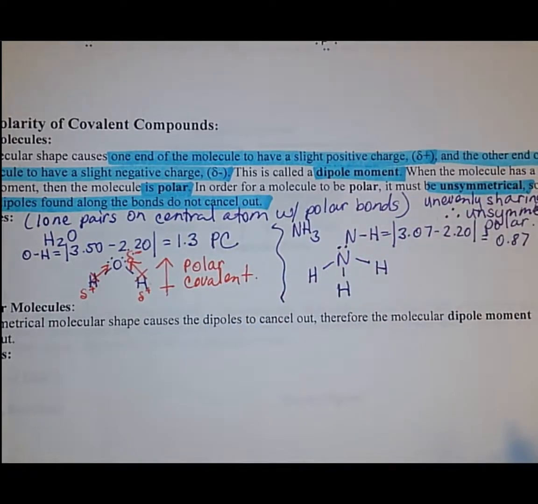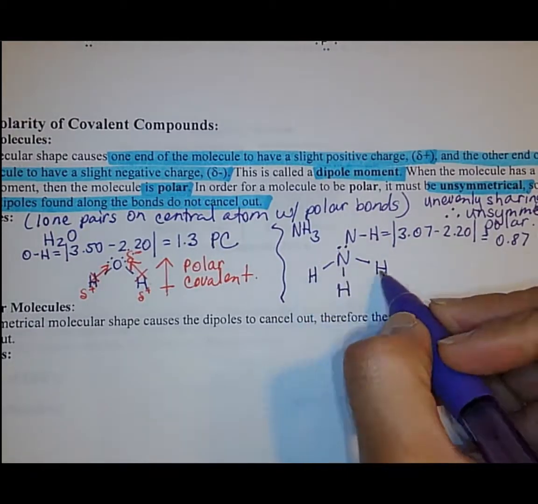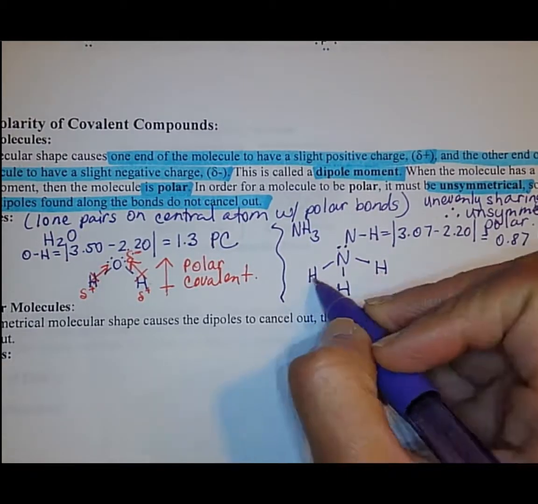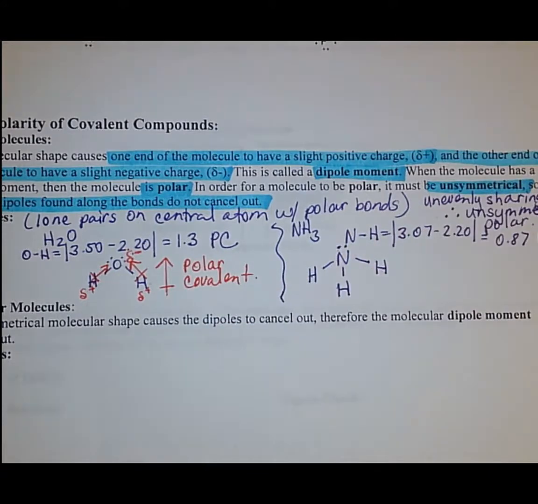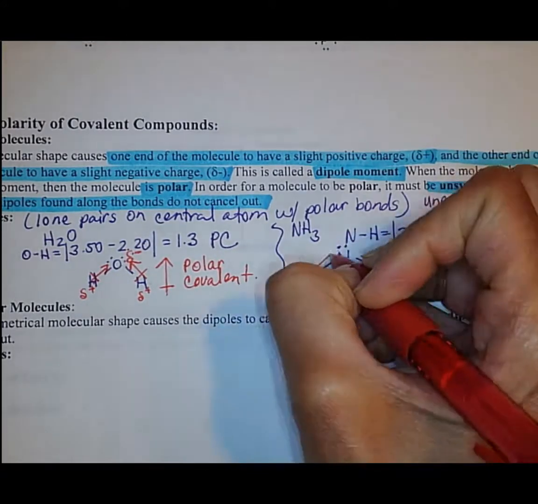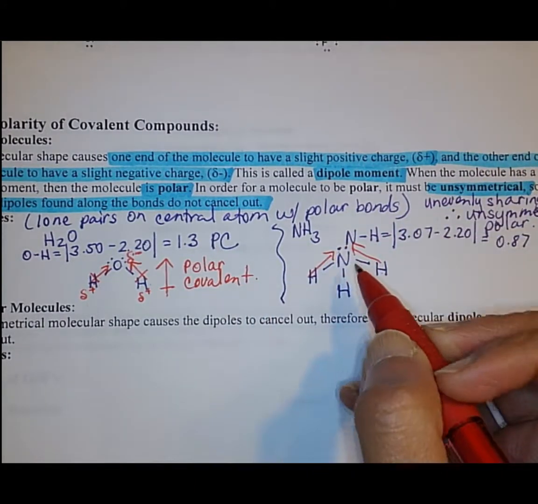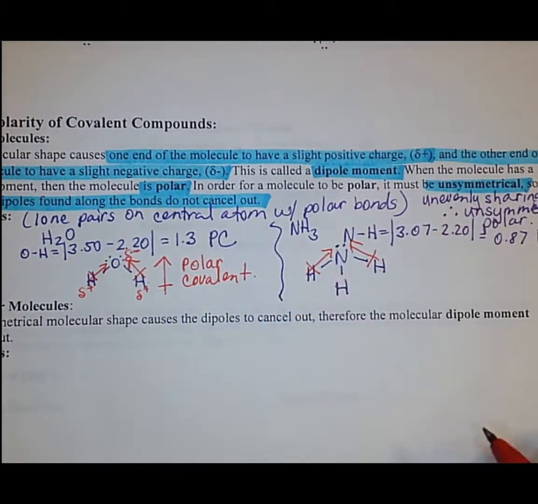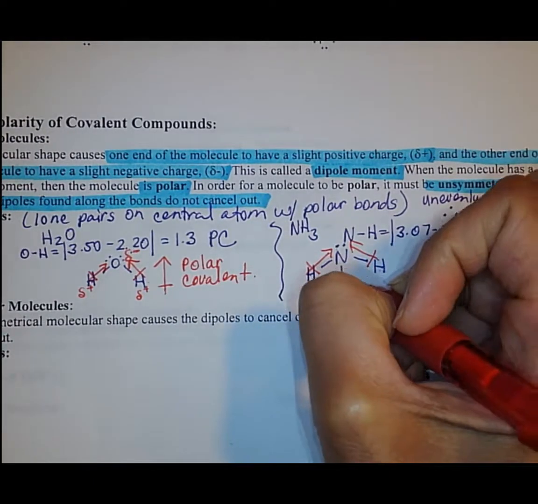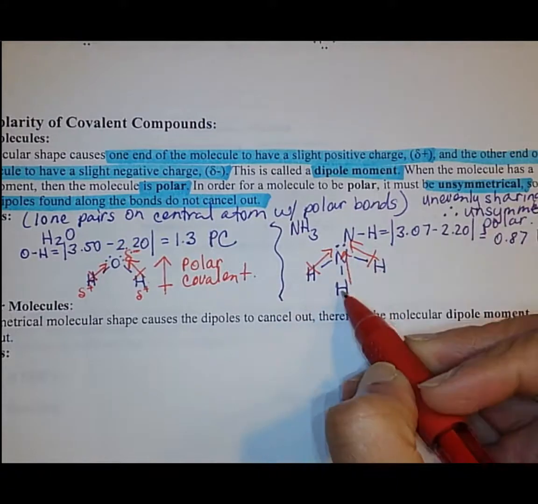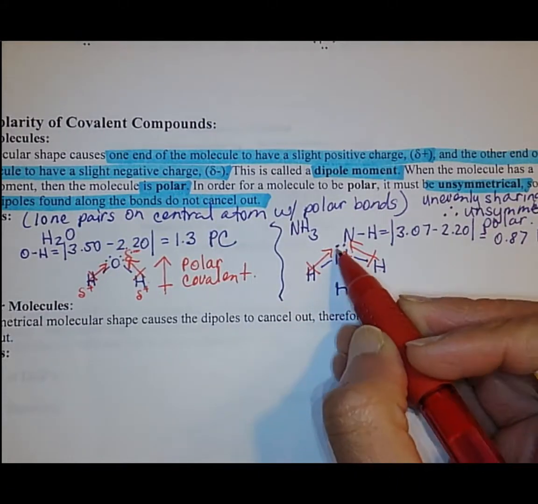So if ever you're in doubt of what it is, draw your picture, and you should be able to answer whether it is polar or not. So we've got our picture right here. These two hydrogens, the electrons from these hydrogens, are being pulled equally towards the nitrogen, so we're going to cancel these two guys out. Then we've got this hydrogen whose electrons are also being pulled.